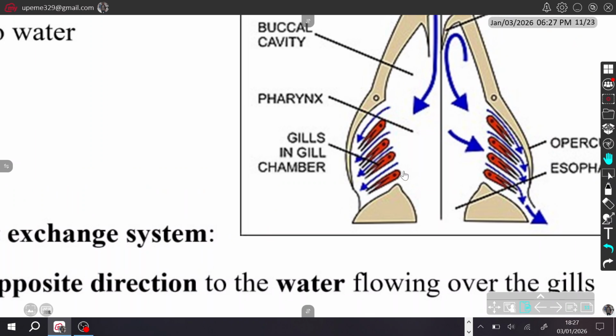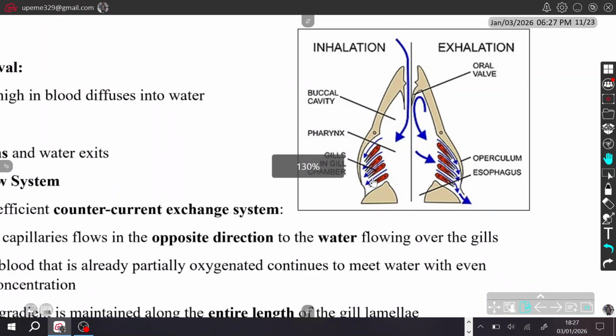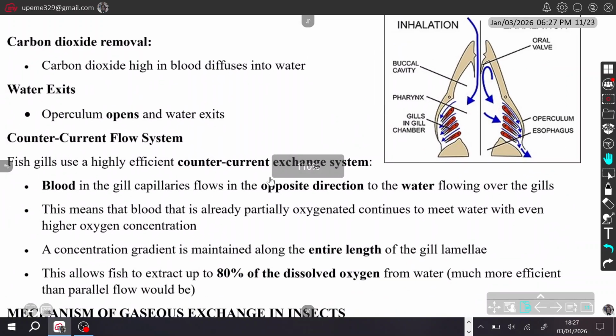If this capillary goes like that, blood is flowing like that, then water is moving like this with oxygen. So this blood which is here will receive some oxygen, right? But as it continues going, it will meet water which has more oxygen, and it will continue getting filled up. That's what this process is trying to explain here.